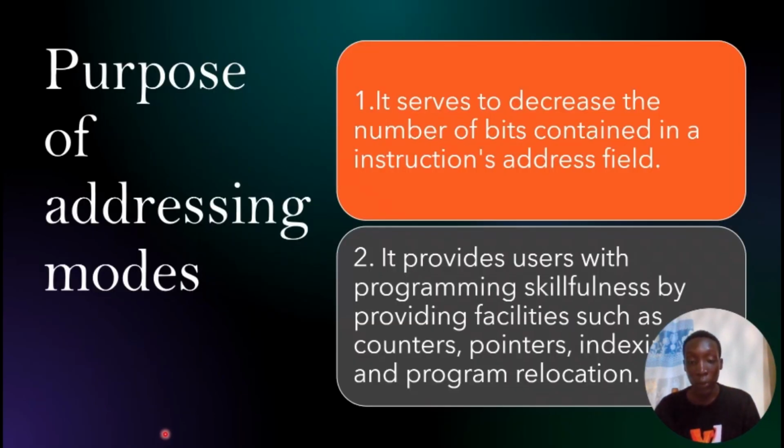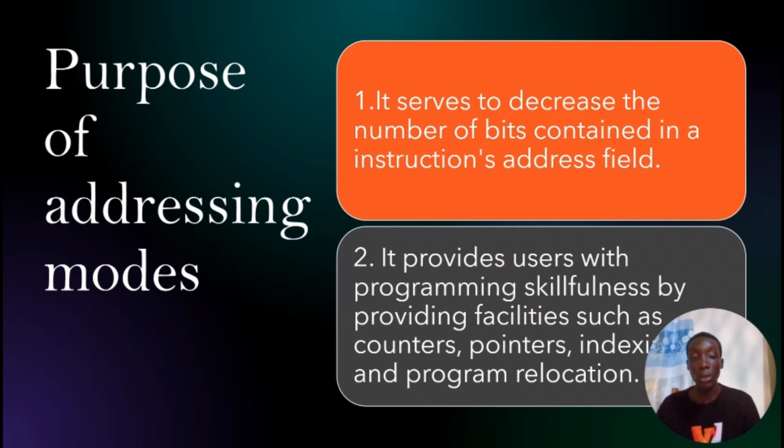The purpose of addressing mode is that it serves to decrease the number of bits contained in an instruction's address field, and it also provides users with programming flexibility by providing facilities such as counters, pointers, and program relocation, etc. So now I'm done with the addressing mode, and I hope you understand.